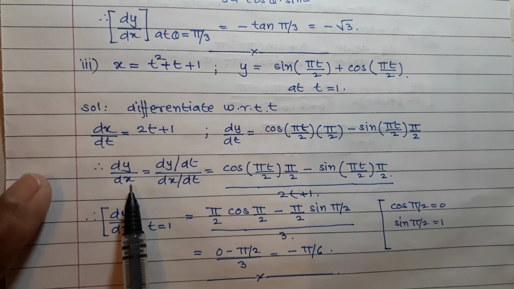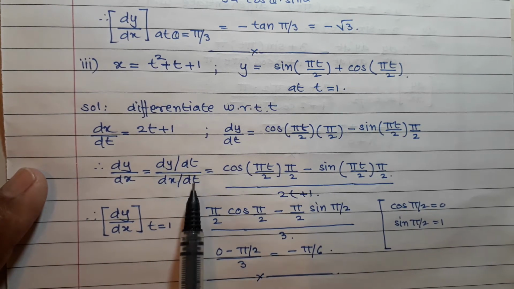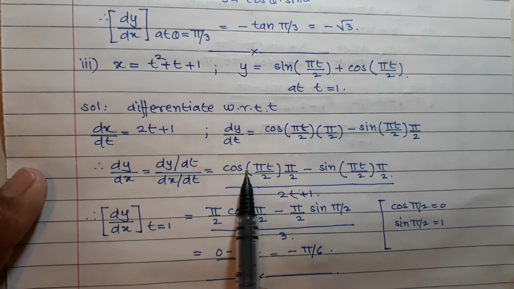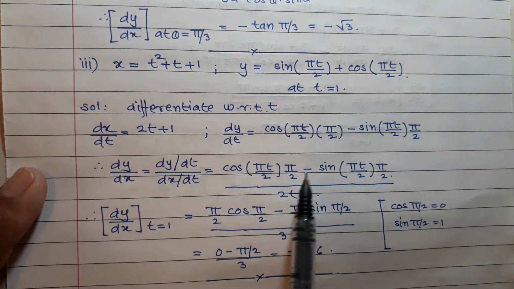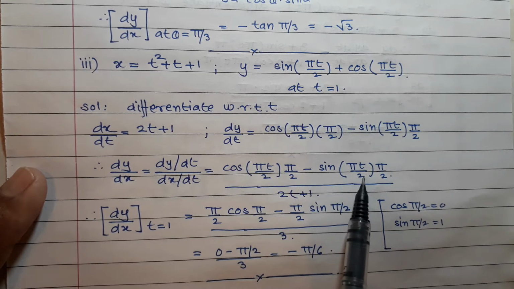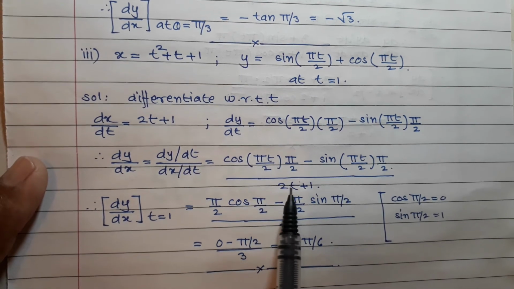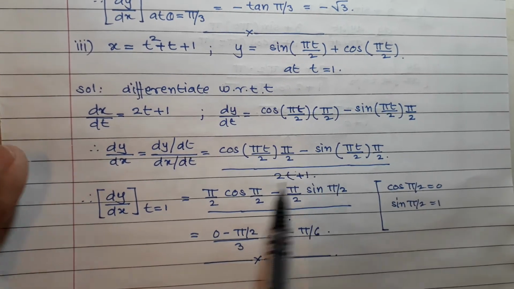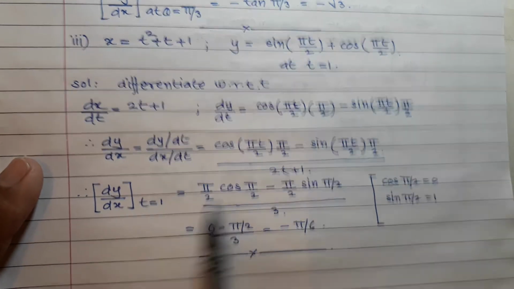Now dy/dx = (dy/dt)/(dx/dt) = [cos(πt/2)·π/2 - sin(πt/2)·π/2] upon 2t + 1, and therefore dy/dx at t = 1.